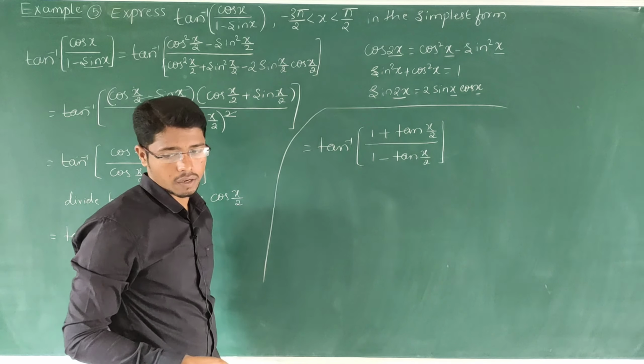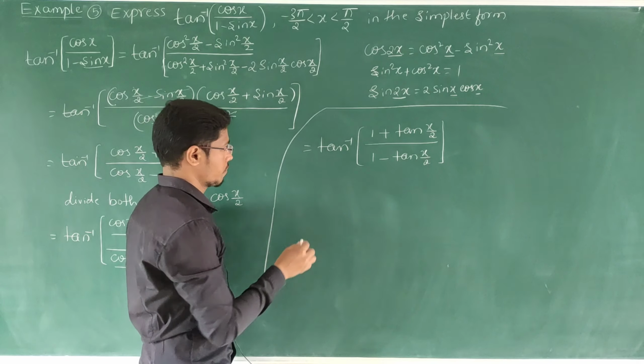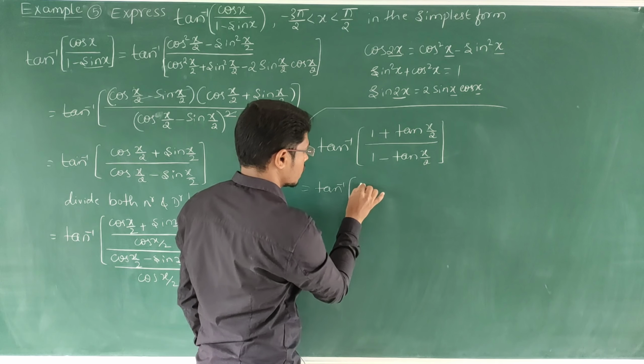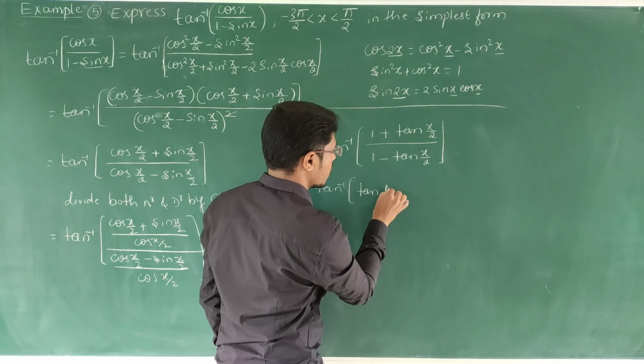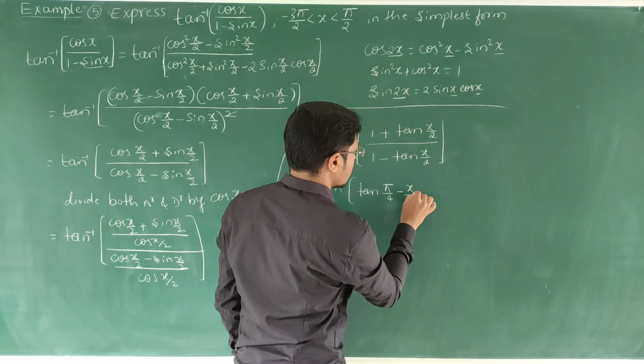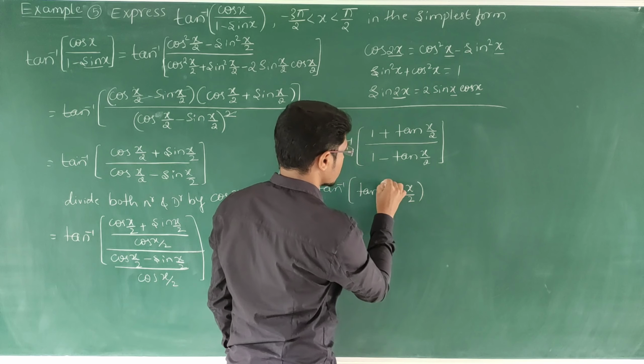Then it will become, this is equal to the tan inverse of tan pi by 4 plus x by 2.